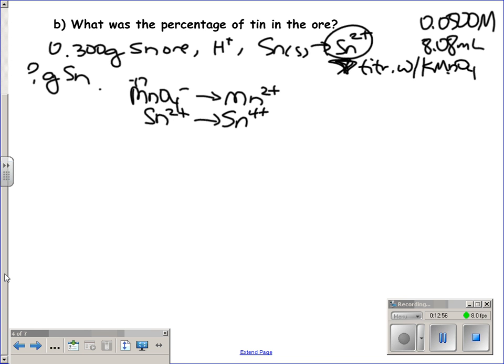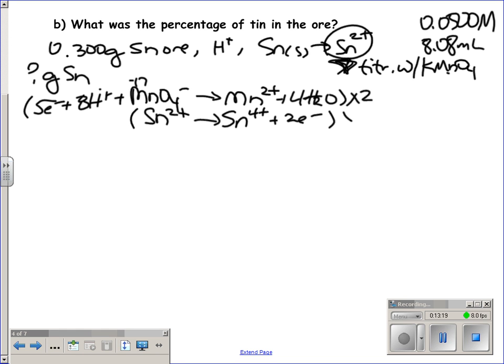Sorry. Okay. Balance this. So 4 waters. Is that right? Yeah. Okay. Plus 8 H pluses, and 5 electrons. This is getting annoying because we have to write that one so much. Plus 2 electrons. So balance it by doing what? So times 2, times what? 5.